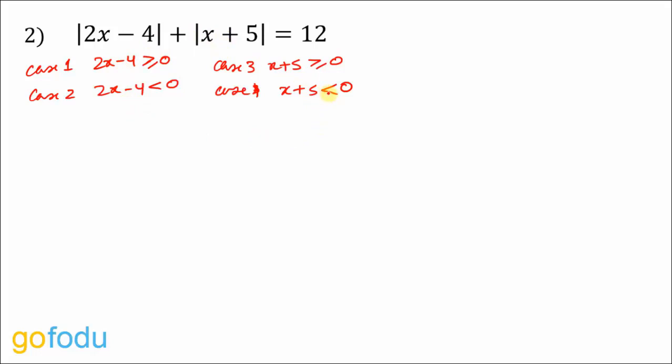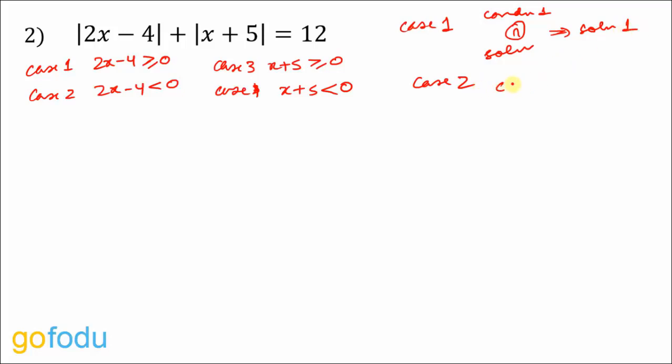Now let me remind you of what we did in the previous video. We made case 1 and case 2. We wrote condition 1 for case 1 and we obtained a solution using that condition, and we took intersection of that condition and the solution and we called it solution 1.